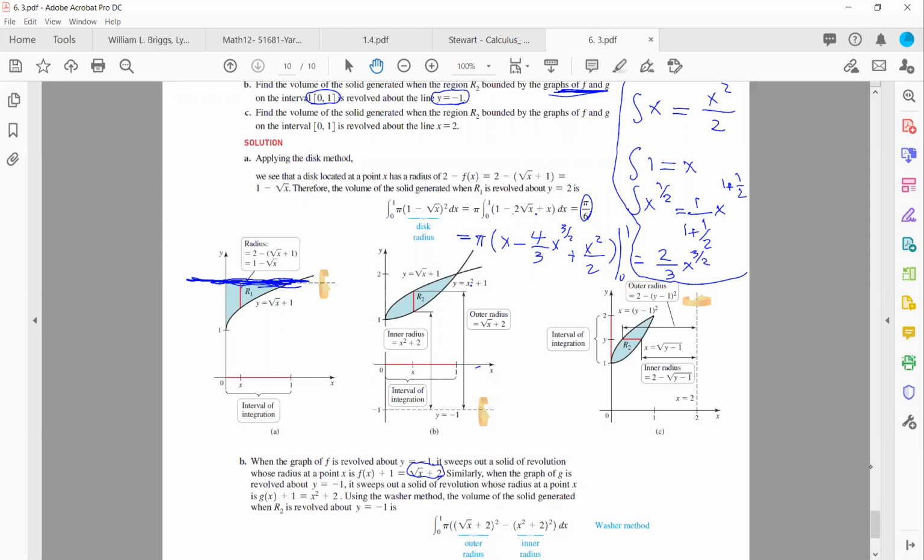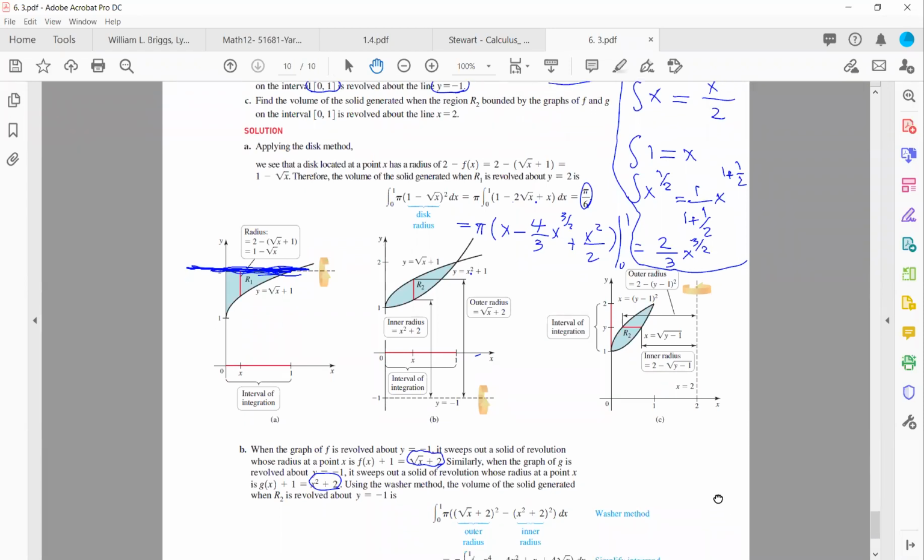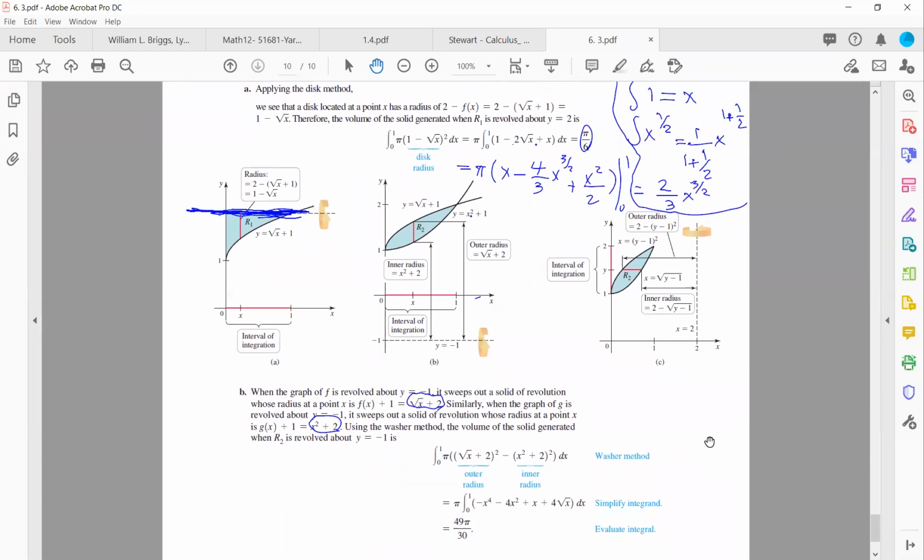For the second function, you have the same thing. x squared plus 1 minus -1, which gives you x squared plus 2. Very well. The washer method says we have the integral from 0 to 1 of pi, the outside function squared minus the inside function squared. You write each of these in expanded form, simplify, and take the integral.